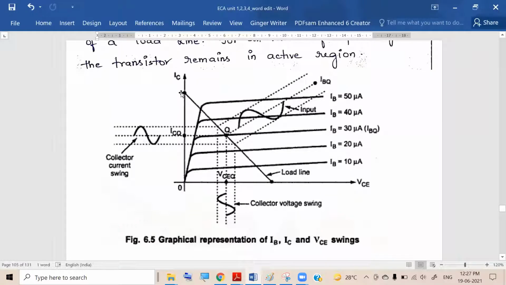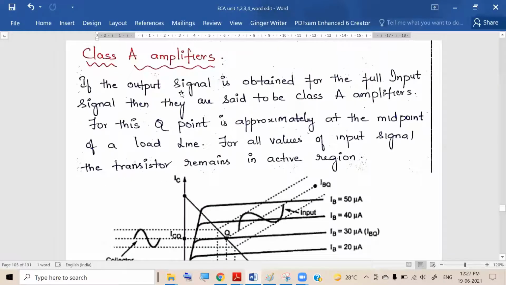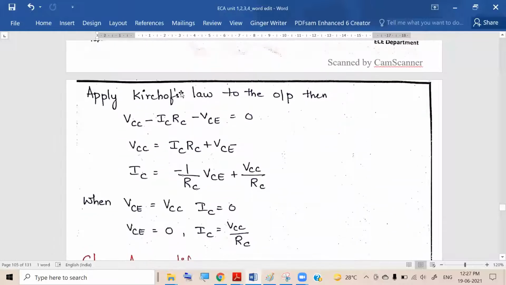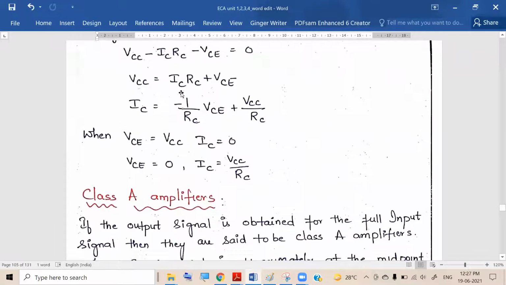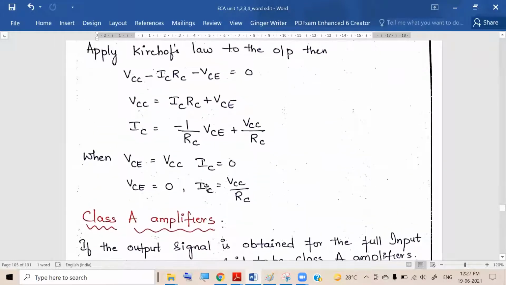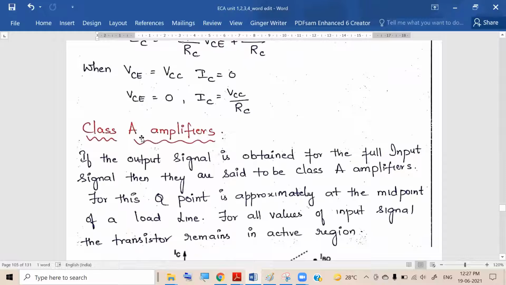We have discussed that the signal swing will happen only according to the load line, because VCE and IC are related according to the load line. So if VCE increases, IC decreases, and it follows the DC load line.